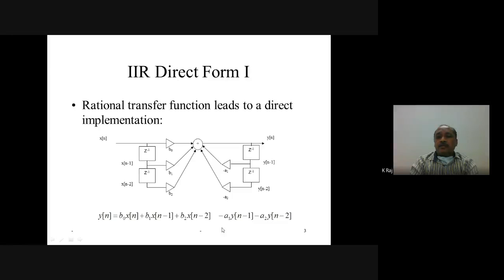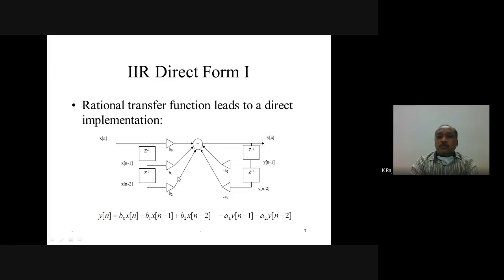We have considered here the second order system, so the maximum value of k will be 2. So we start with b0 x(n) plus b1 x(n minus 1) plus b2 x(n minus 2) minus a1 y(n minus 1) minus a2 y(n minus 2).